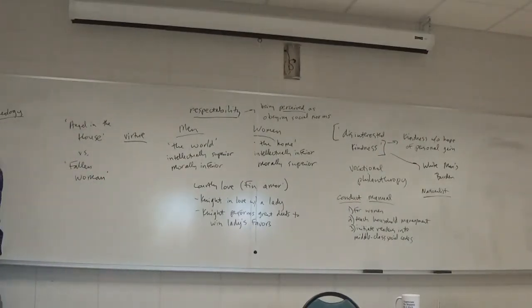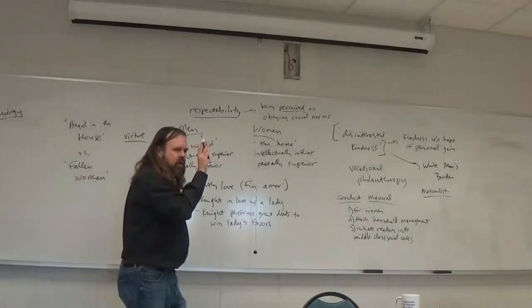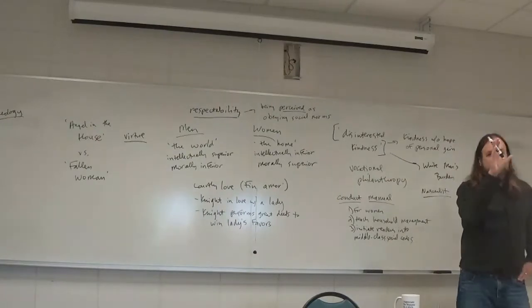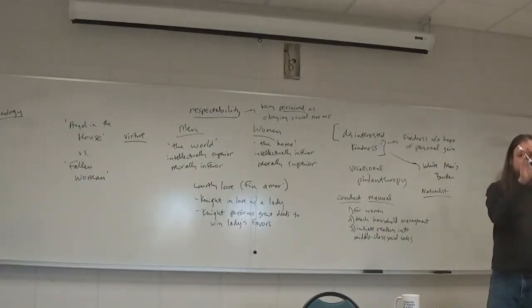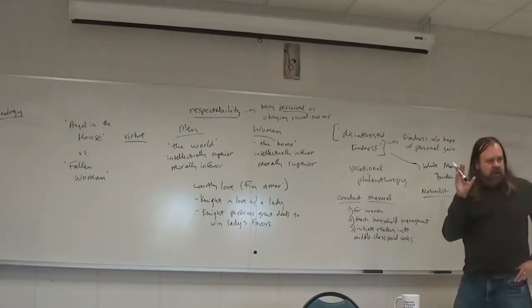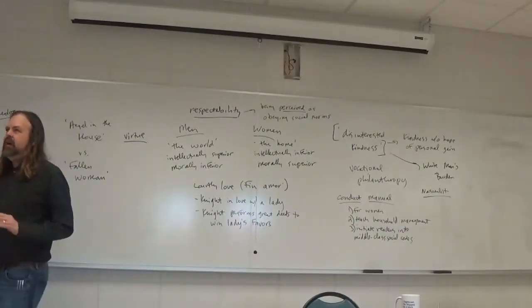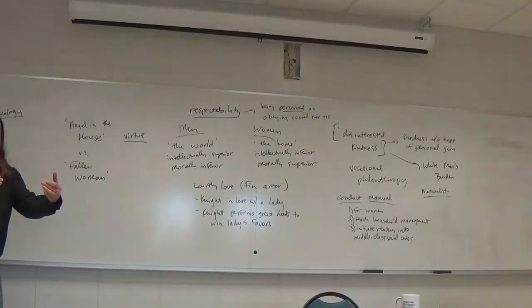Now, one thing I do want to make clear about both of these tropes is that the extent to which either of them actually existed is debatable, right? They're mostly literary and artistic constructs. But literary and artistic constructs do have a great deal of influence on our actual behavior, right?